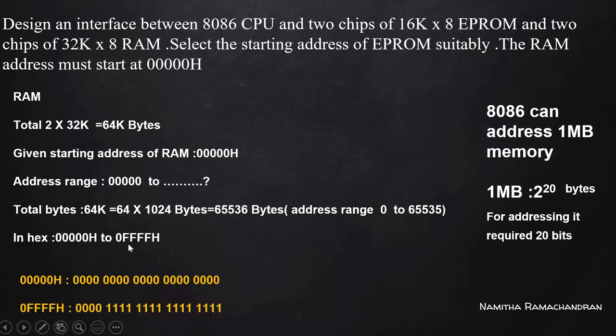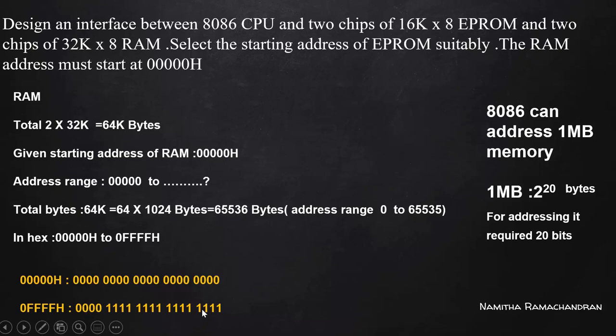Similarly, the 20-bit binary representation of this hexadecimal address is: this 0 is represented using 4 zeros, and this F means 4 ones, this F means 4 ones, this F means 4 ones, and this F again means 4 ones. So total 20-bit address.